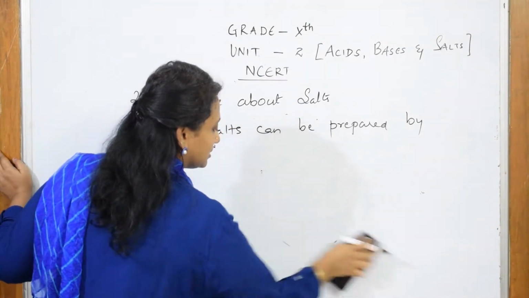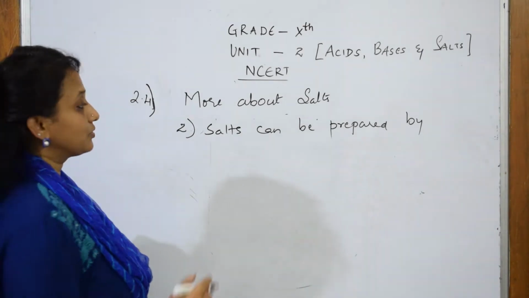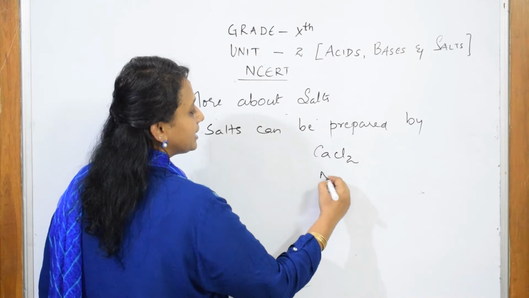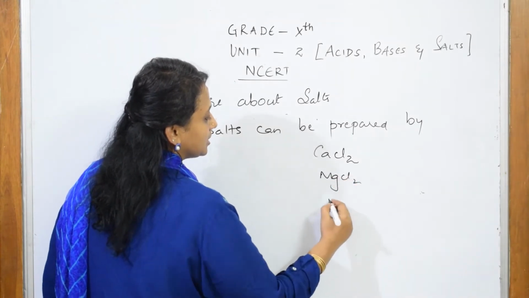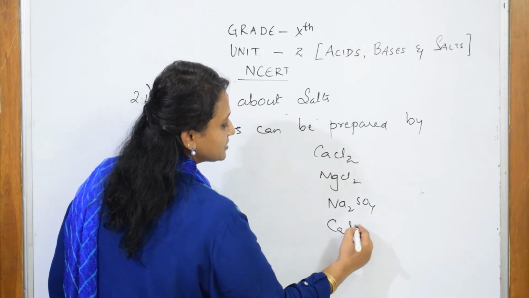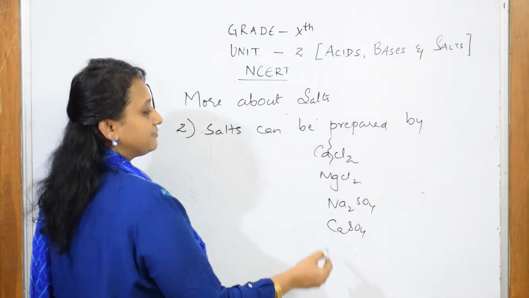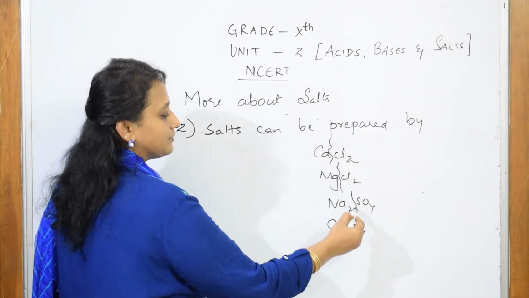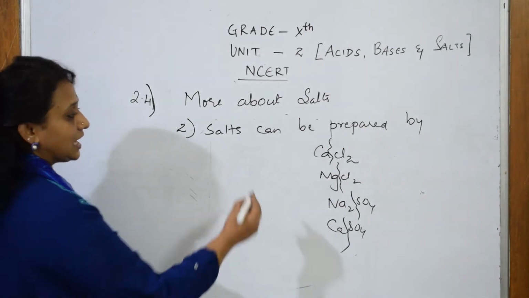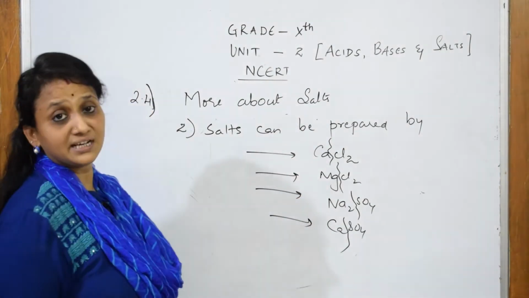Let us take more examples: calcium chloride, magnesium chloride, sodium sulfate, calcium sulfate. Simple, let us break them. I divide this half, this half, this half, this half. Now what are the parent compounds of these? I very well know these are all salts, and they come from an acid and a base.